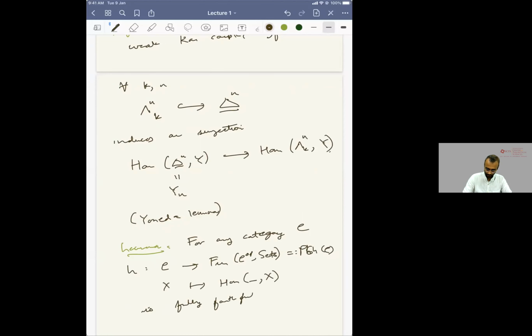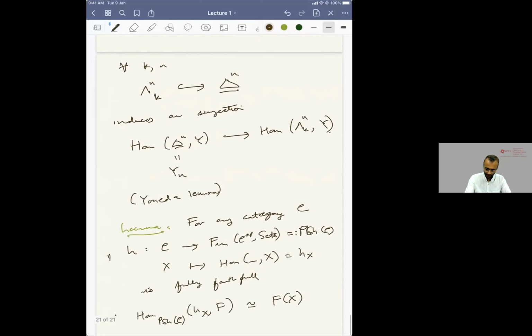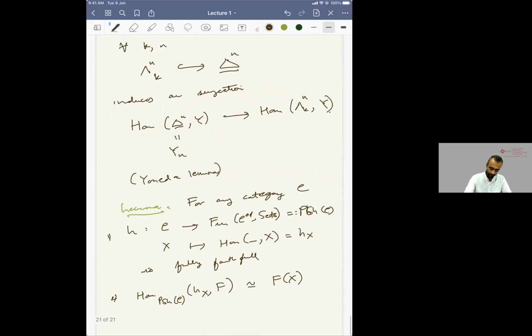This thing is called H_X. The way one proves this is that it is a consequence of the fact that Hom in presheaves on C from H_X to any functor F is F of X. And this is a special case of that because delta n is nothing but H_n, the functor represented by n.